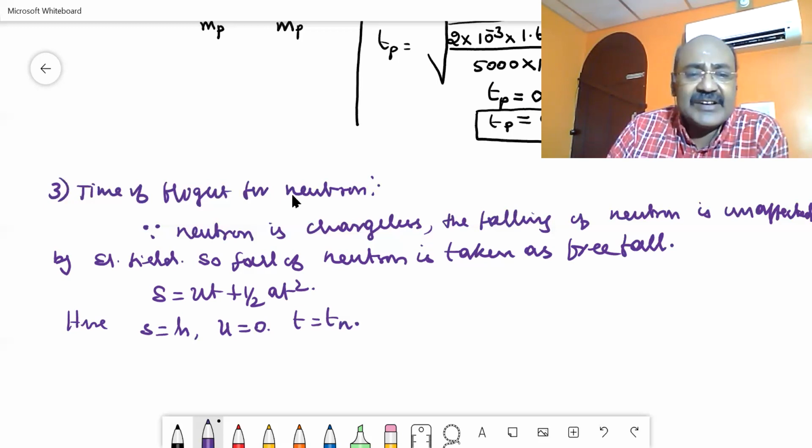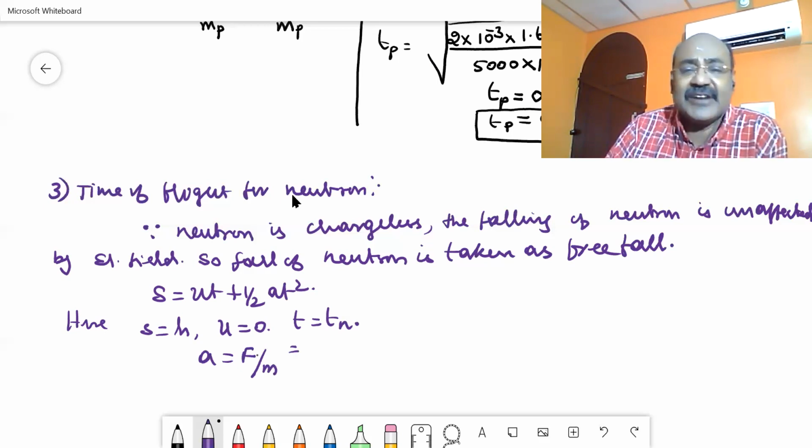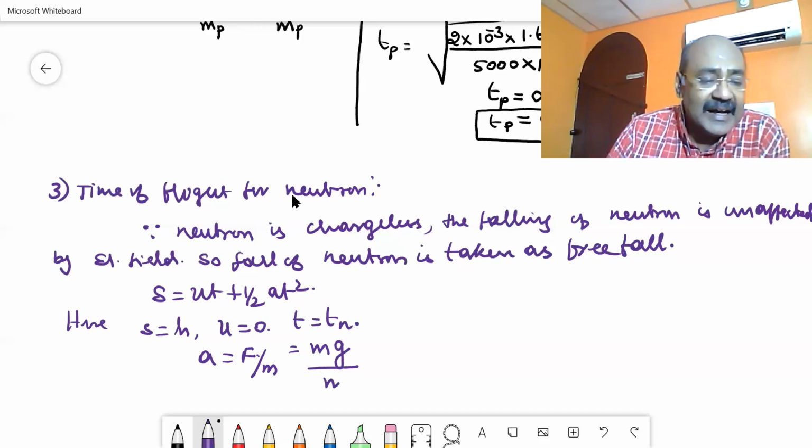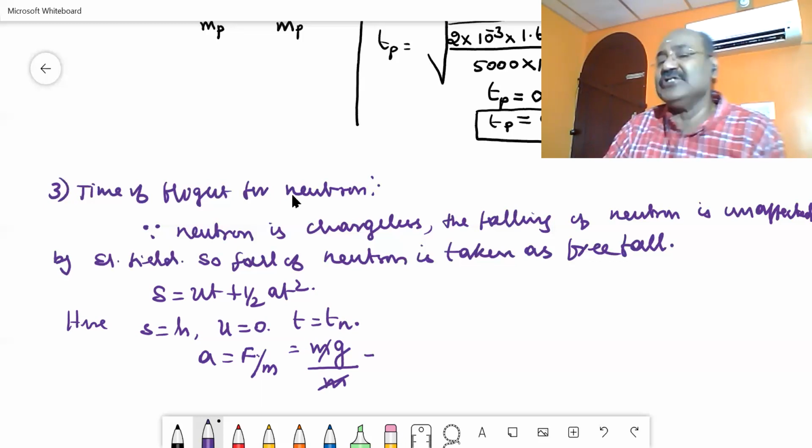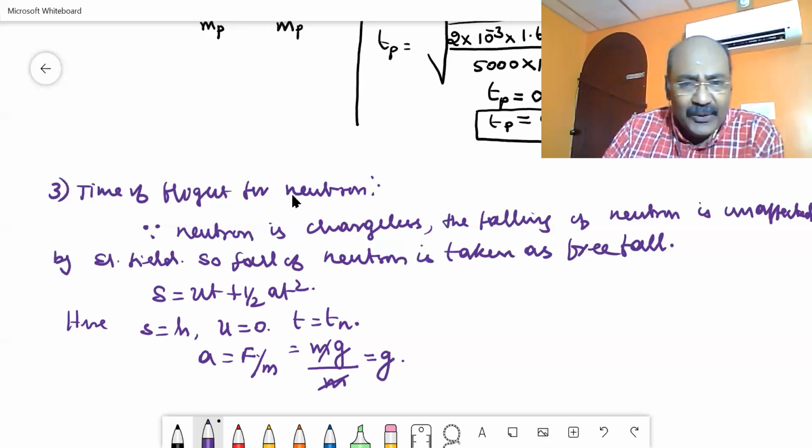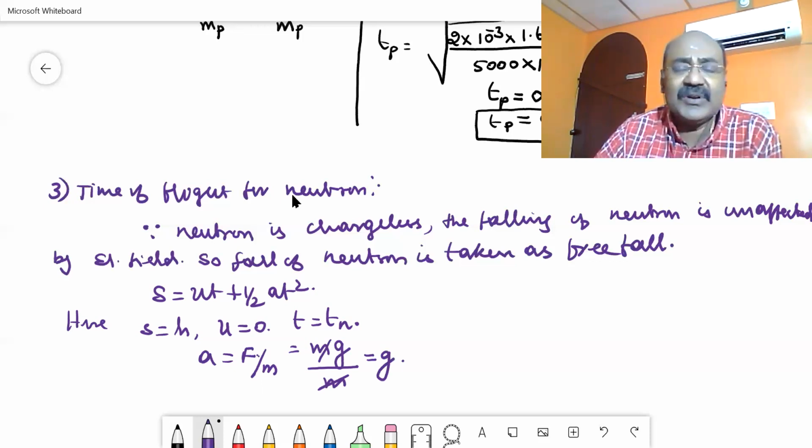Then what is the acceleration a? Acceleration a is equal to F divided by m. The force is nothing but mass into acceleration due to gravity, divided by mass, so acceleration is equal to g. Now substitute these values. Instead of S, I can consider h.